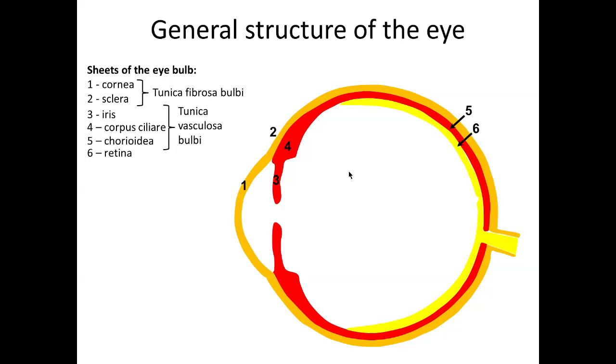It is important, be attentive, that retina prolongates in the posterior surface of the eyeball into the optic nerve. So we can say that retina is the most anterior portion of the optic nerve. So they are connected with each other.